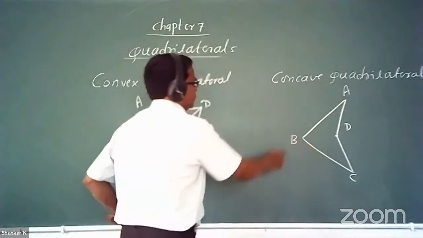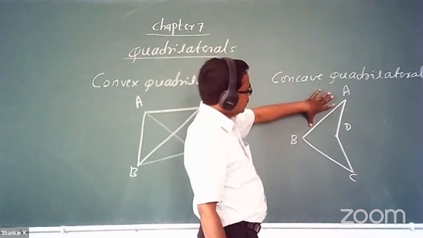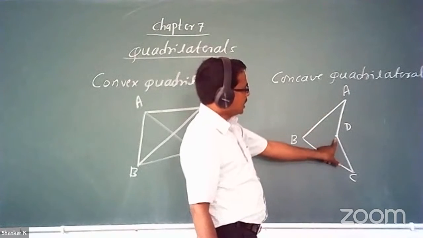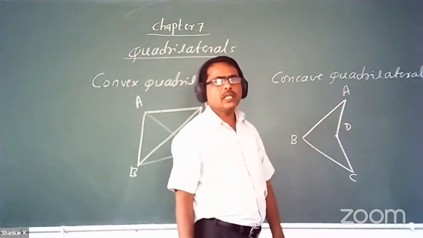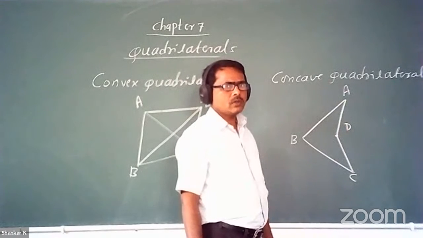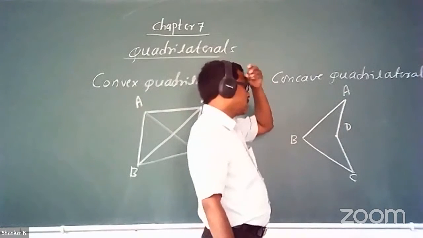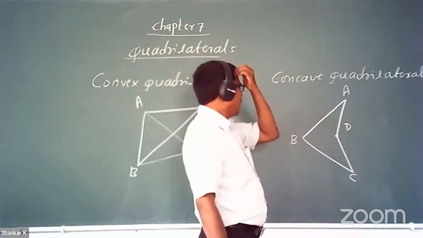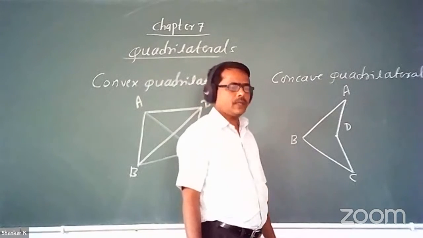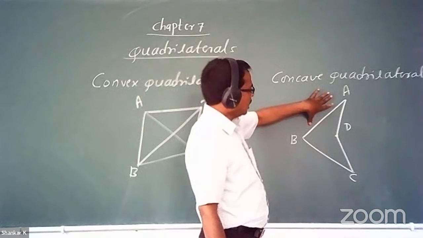Now see this. Here AB is one side, BC another, CD, AD. It is a four-sided closed figure. This is also a quadrilateral. So what is the diagonal? I said a diagonal is a line segment that joins non-consecutive vertices.